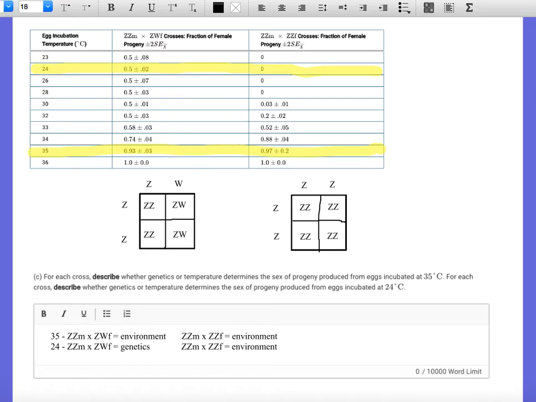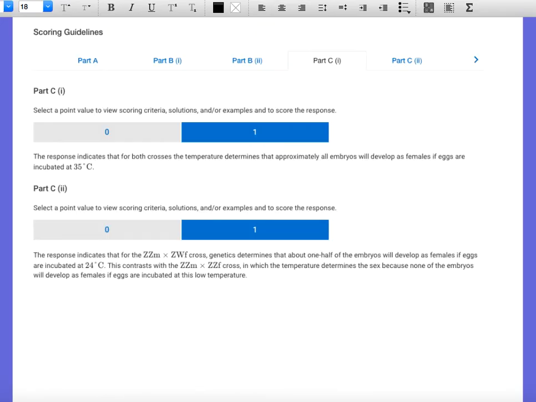So basically, that's probably the idea. I would say there are probably genes that are expressed that give female characteristics, or the genes that express for male characteristics are inhibited at higher temperatures and only express at lower temperatures. So let's see what they were looking for here.